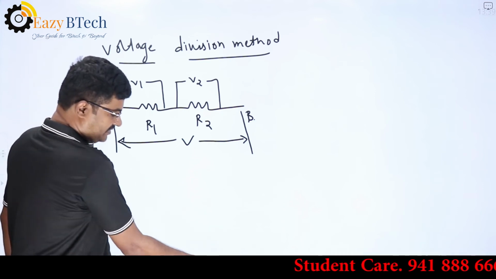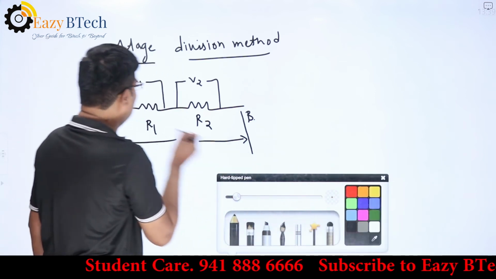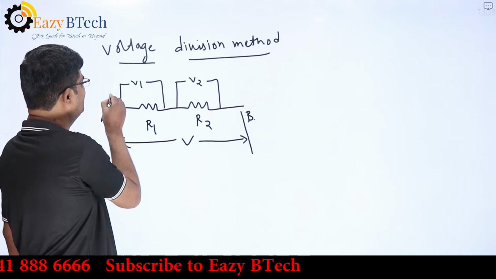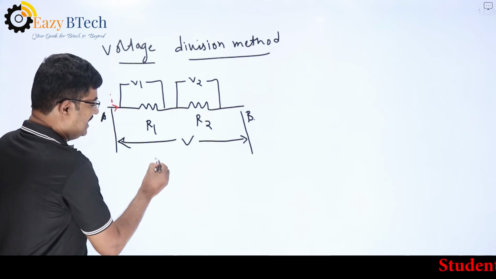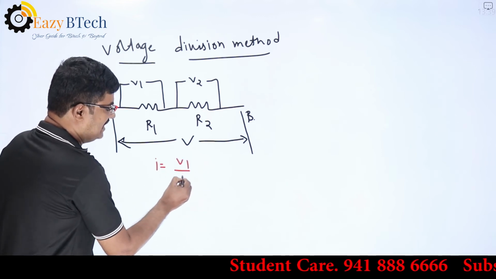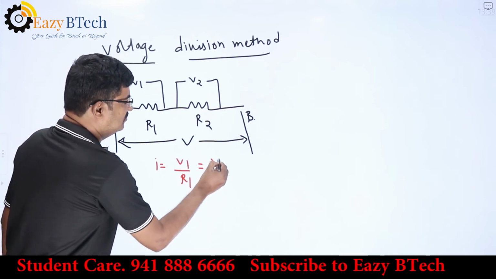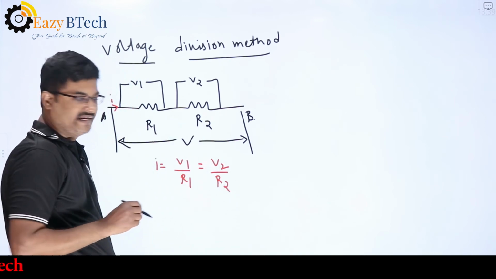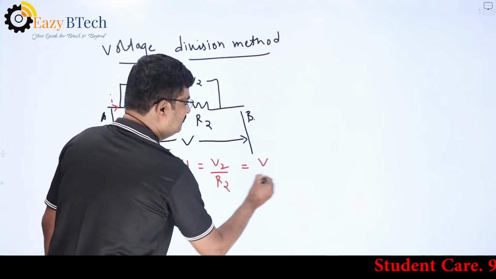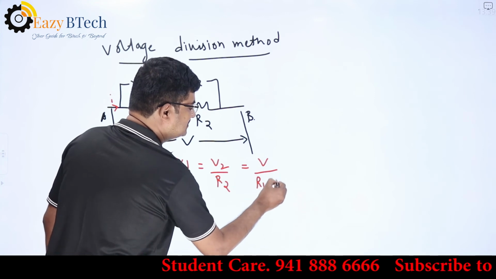Now, my current I is the same. By using Ohm's law, I is equal to V1 by R1, which is equal to V2 by R2. As R1 and R2 are connected in series, this is equal to V by R1 plus R2.